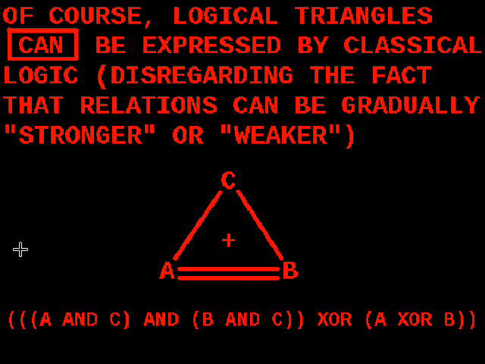You could say that, for instance, this triangle is expressible by saying A and C and B and C, or A or B. But you can't say that one of these relations is governing the other relations. You can only say that this setup is true, and that's all you can say about this setup.